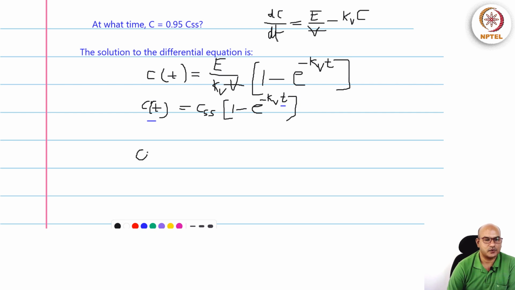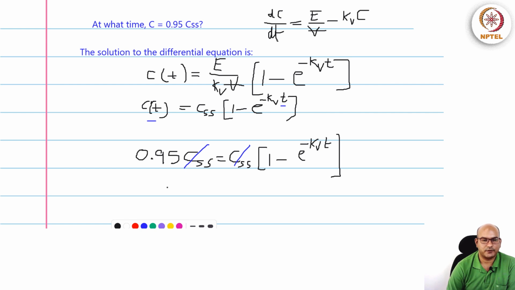We have 0.95 CSS equal to CSS times (1 minus e to the power minus kVt). We will cancel the CSS, so we are left with 0.95 equal to 1 minus e to the power minus kVt.